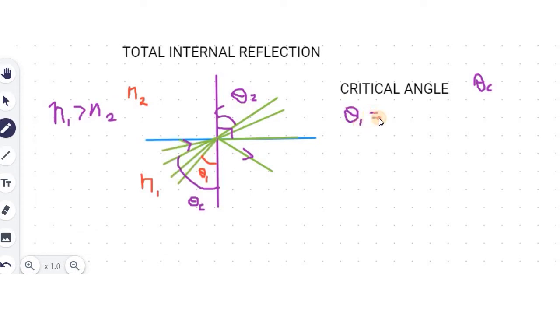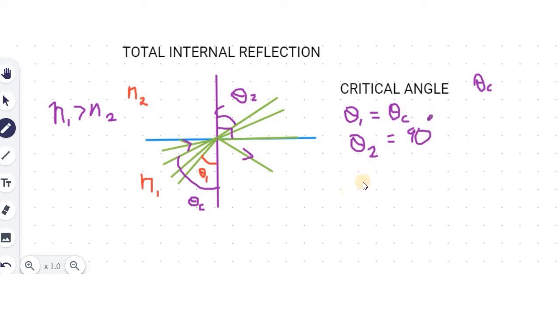When theta 1 is equal to theta c, what happens? Theta 2 becomes 90 degree. When theta 1 is equal to theta c, theta 2 becomes 90 degree.